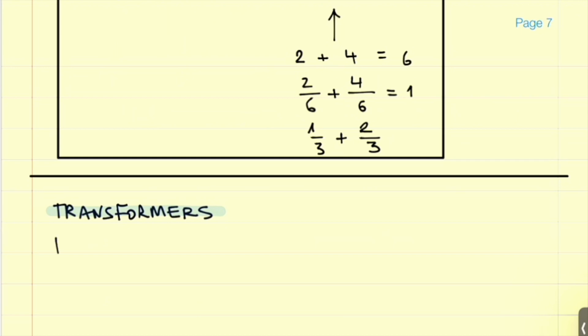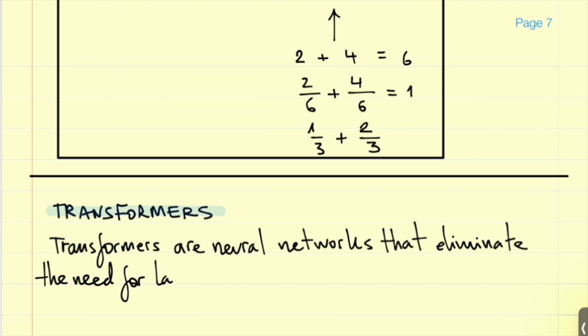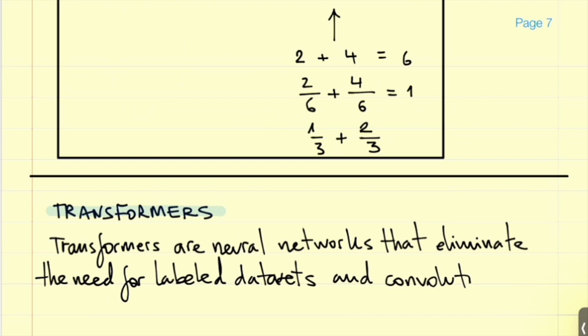Transformers eliminate our neural networks that eliminate the need for labeled datasets. And convolution in the network.